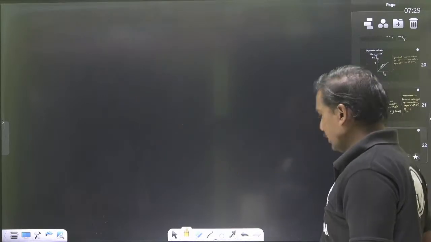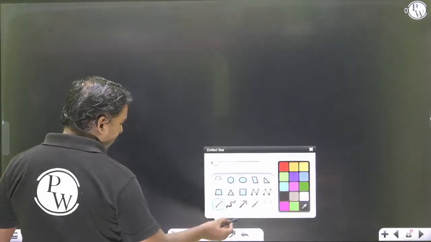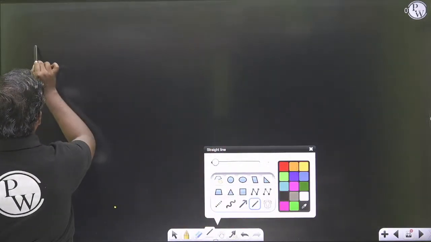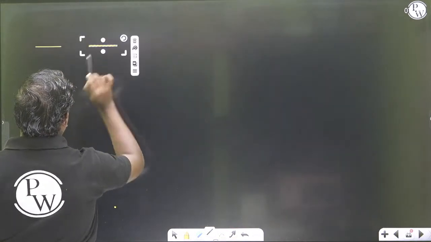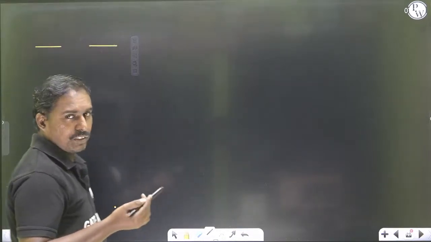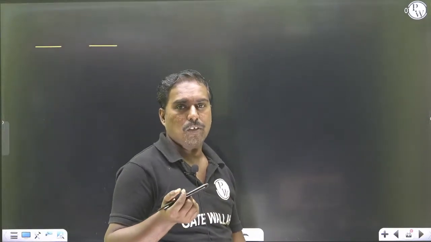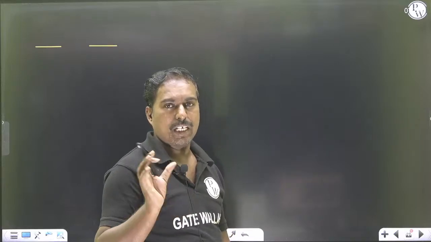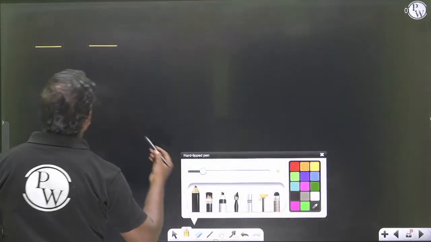Now let us go for the connections. Where the potential coil is connected, based upon that, we are going to take two connections. See here. This is our current coil. Even though there are two fixed current coils in the dynamometer, we are taking them as one current coil, which is thicker.